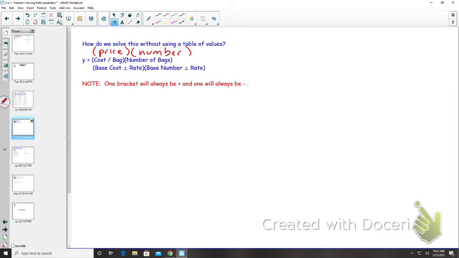So y is equal to the base cost plus or minus the rate at which you're increasing or decreasing your price, multiplied by the base number plus or minus the rate at which you're increasing or decreasing the base number.